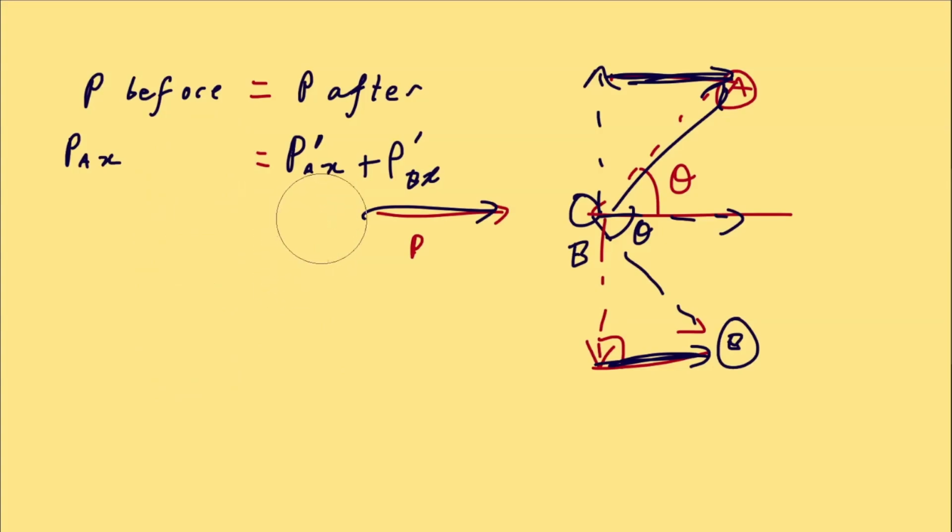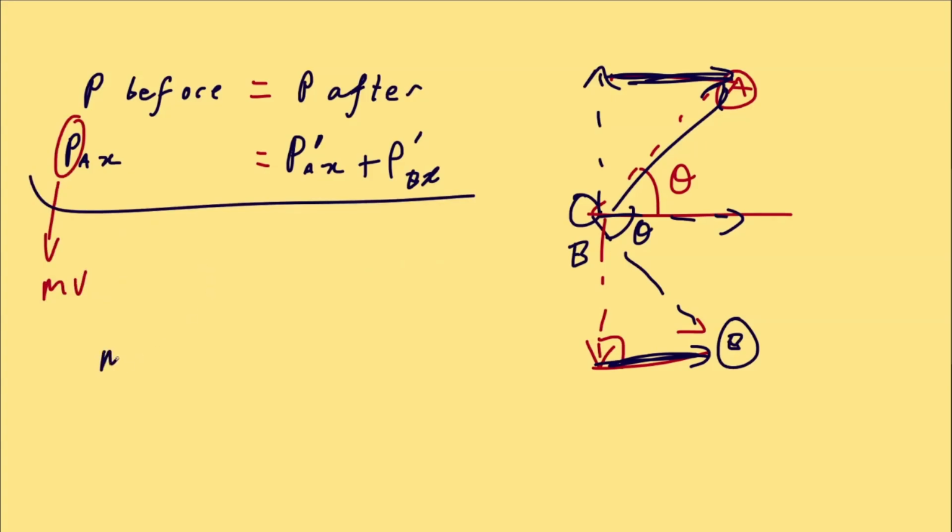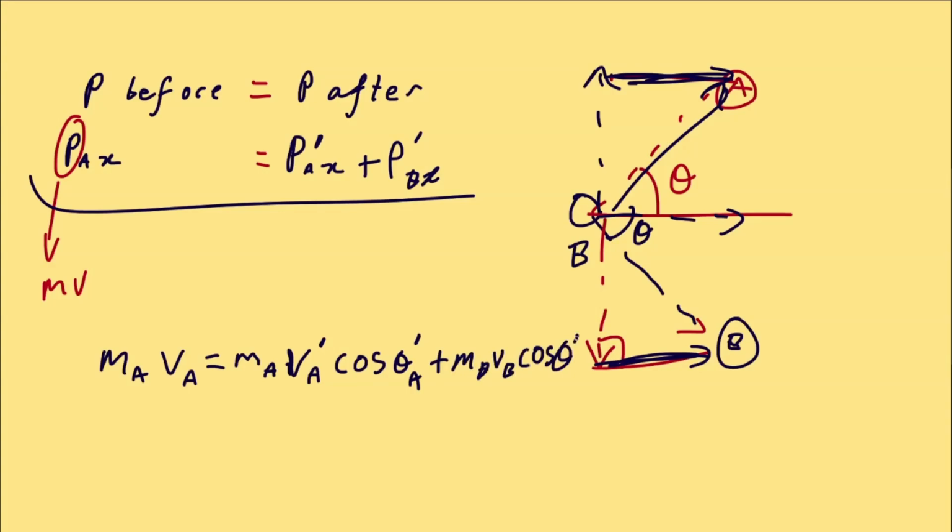And let's make some space. Because momentum is mv, we can rewrite this equation as m_A v_A equals m_A v_A' cosine of theta_A', plus the same thing for B. Now, if you're confused, don't worry. I'm about to explain it all.